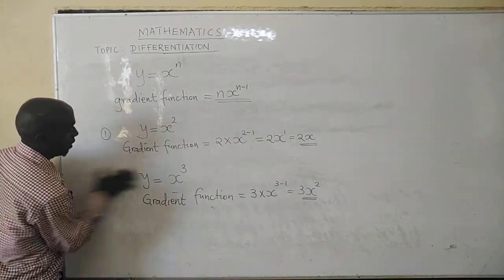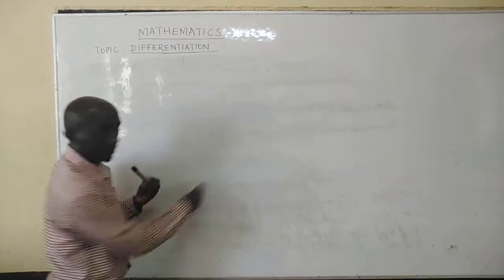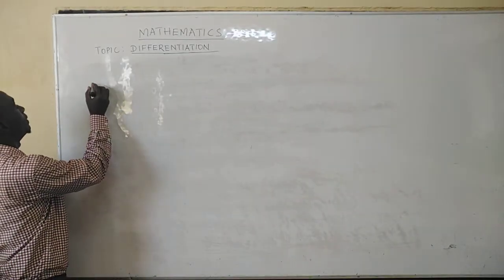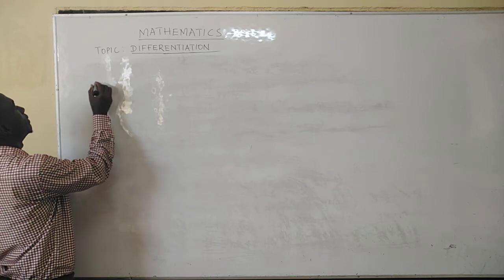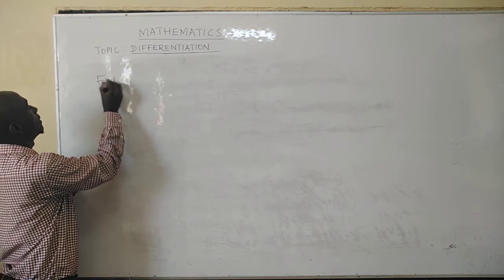A third example. Find the gradient function of y is equal to 2x power 5.